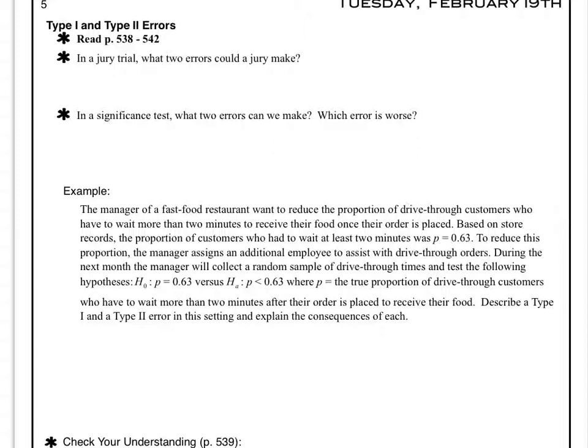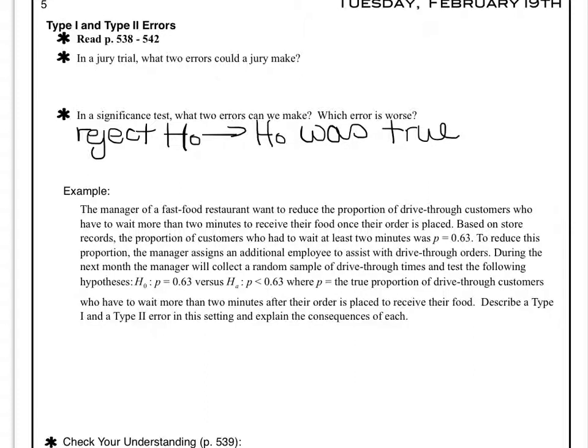Okay? In a significance test, the first error we can make is that we can reject the null when it really was true and we should not have rejected the null. This is called a type 1 error.